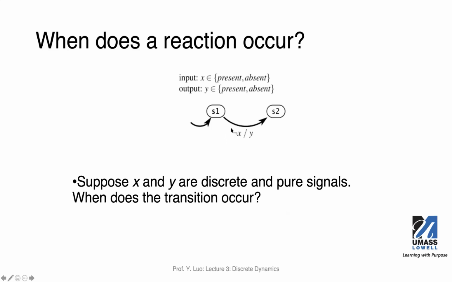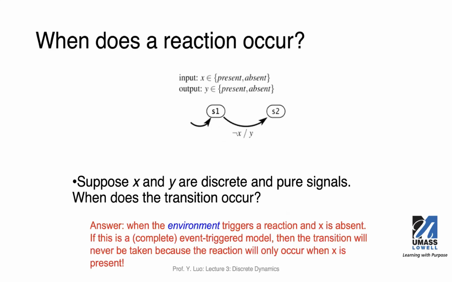And because we only have one input signal, and if this input signal is absent, we will not have this reaction. As a result, this guard, this predicate part, will not be evaluated at all. So this transition will not happen.